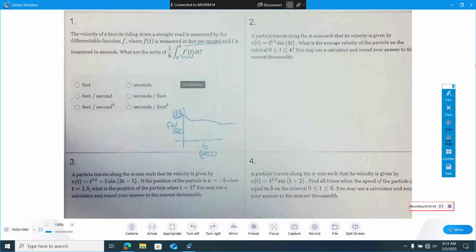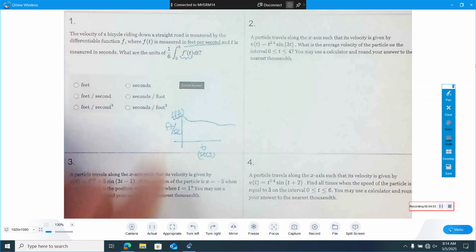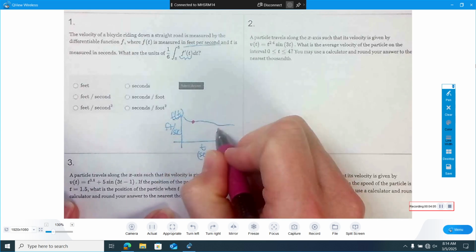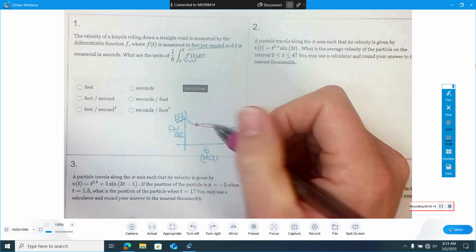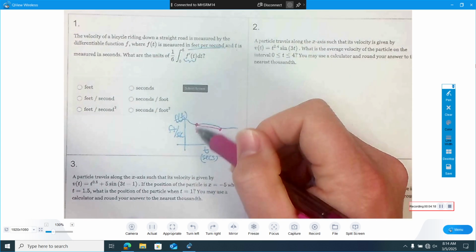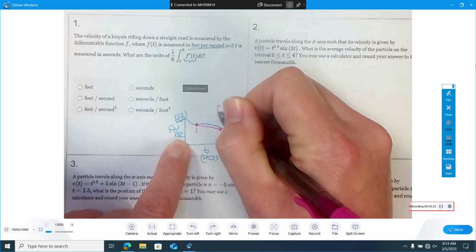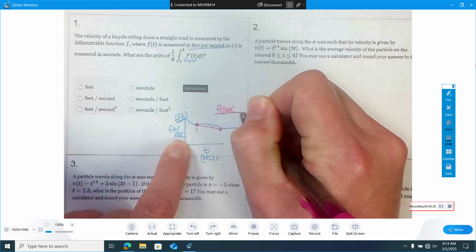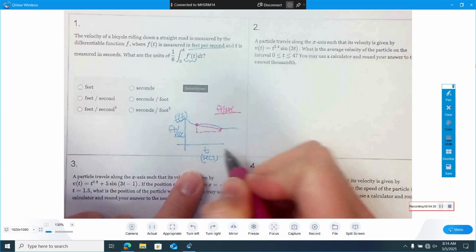Now if we do what this says, we need the derivative of this. Well, what is the derivative? It's a slope. Let's say I take these 2 points here, and I want to calculate the average rate of change, or the slope between those 2 points. Slope is the change in the y values. Those are y coordinates, so it's the change in y. That would be feet per second, however many units that is, over the change in the x.